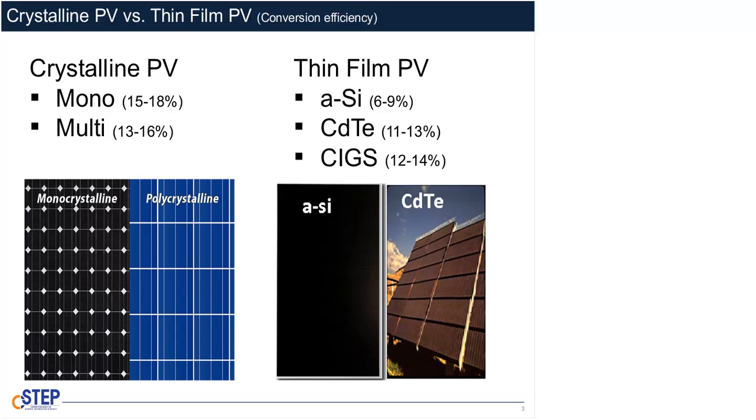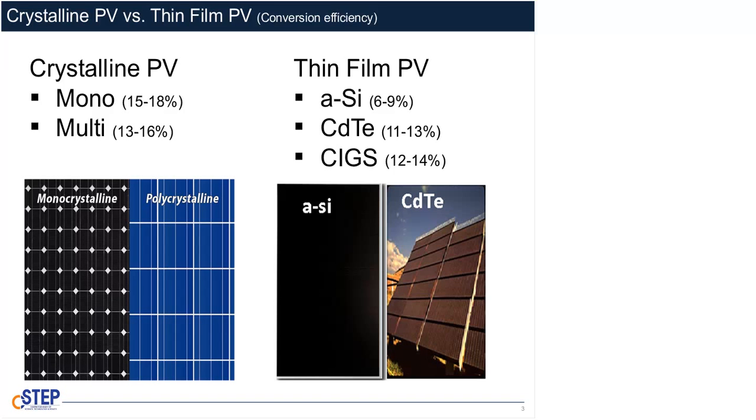Secondly, the manufacturing processes involved in the crystalline PV technology are far more complex and disaggregated than the manufacturing process involved in the thin film PV technology. In thin film PV technology, deposition of the various layers is carried out on the substrate.